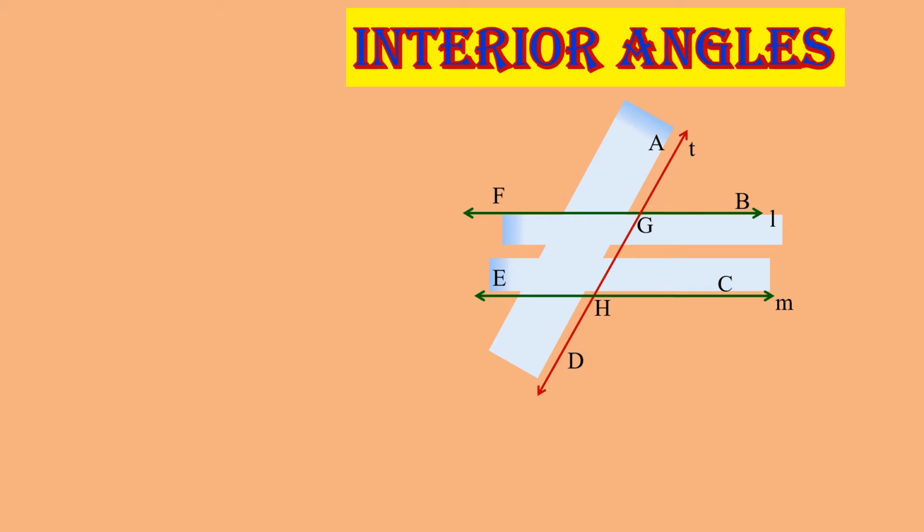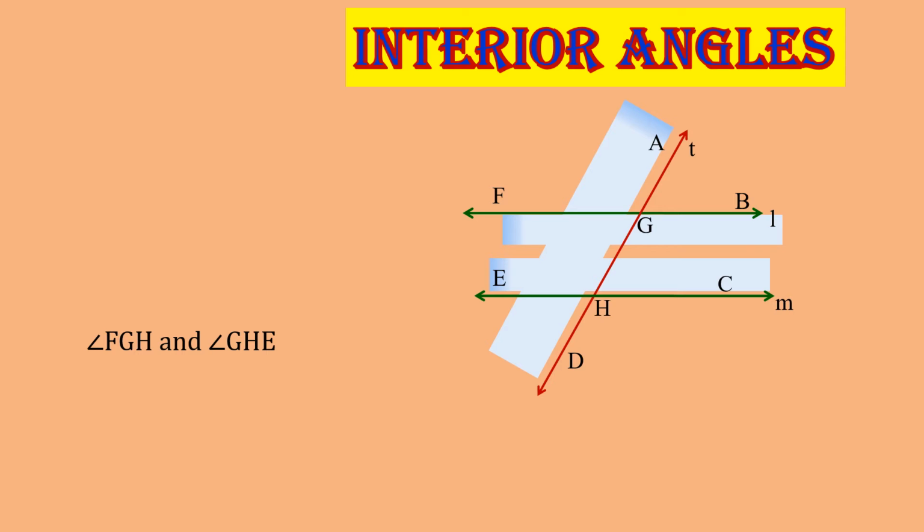The vertical rectangular shade has a common shade portion with the previous two rectangular shades which are lying between the lines L and M, and those angles, that is angle FGH and angle GHE, are the angles we obtained.